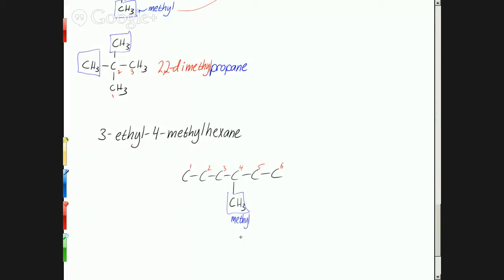So if that's methyl, what do you think ethyl is? Yeah, 2 carbons. So if methyl is a 1 carbon substituent, ethyl is a 2 carbon substituent. So that's going to look like, we'll put it up just so we have a little more room. Right, 2 carbons in a row.